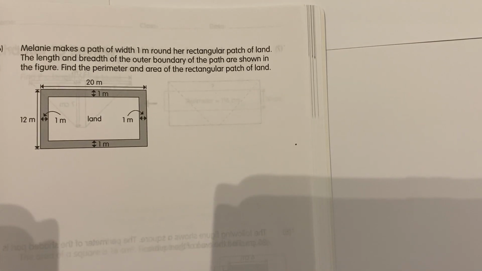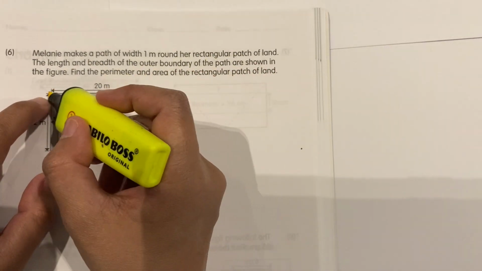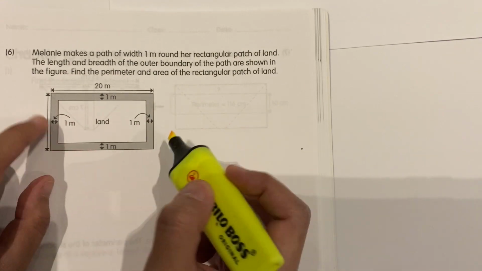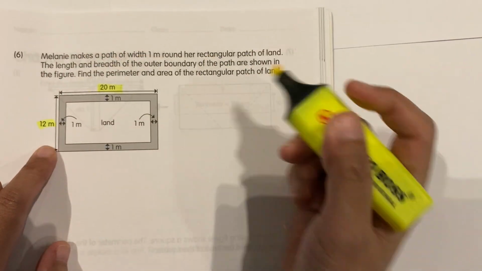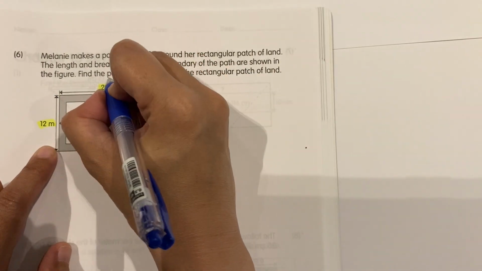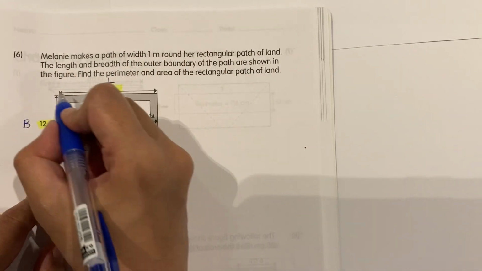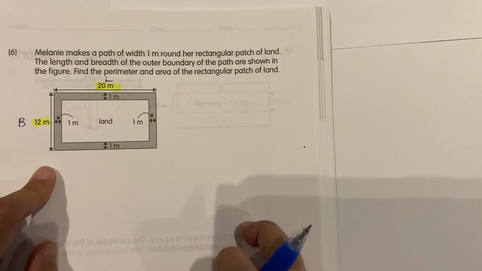Melanie makes a path of width 1 meter round her rectangular patch of land. The length and breadth of the outer boundary of the path are shown in the figure. The length of the whole rectangle is given as 20 by 12. This is the length, this is the breadth of the whole rectangle.